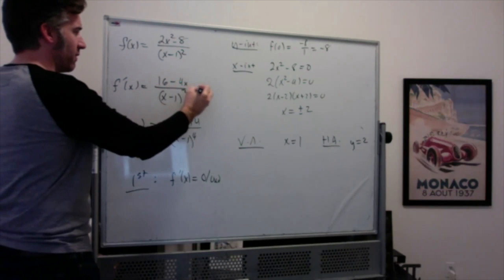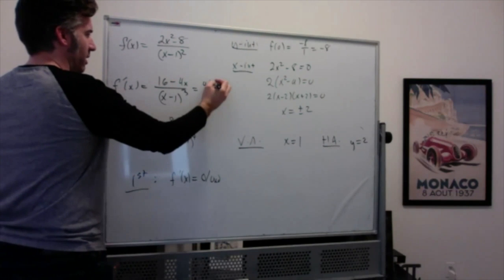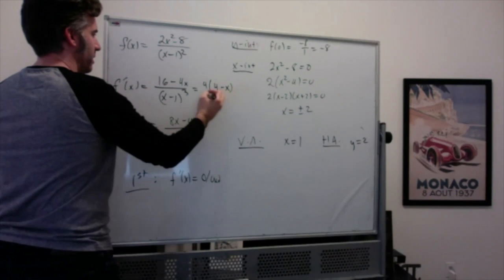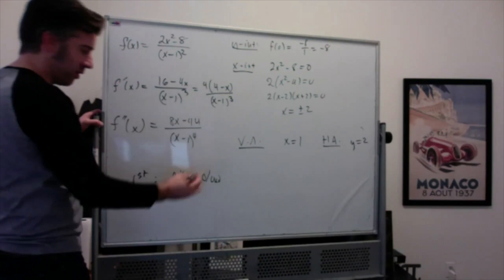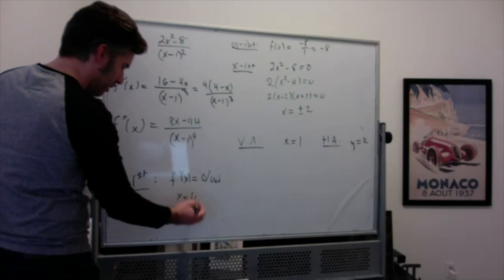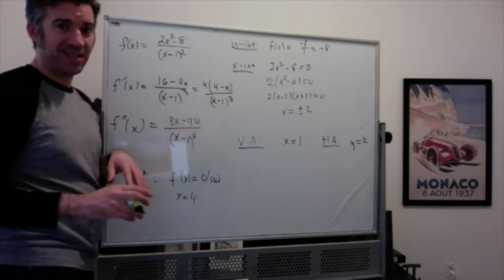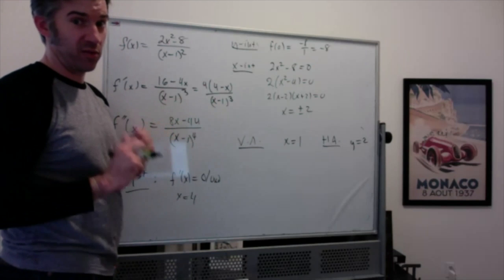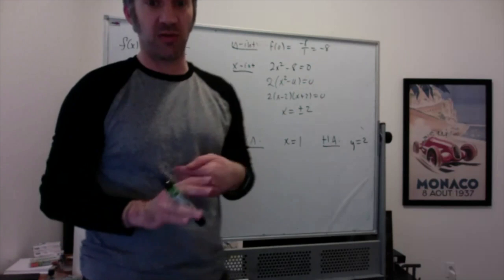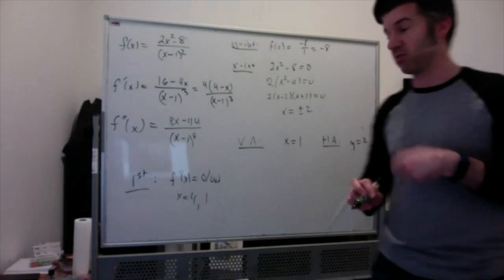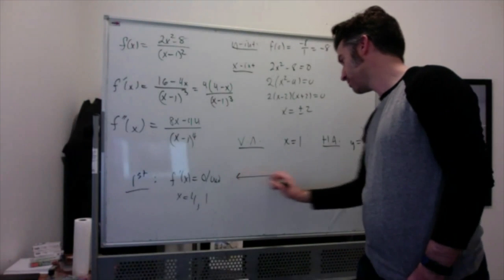You could totally factor out a 4 from the top and write it as 4 times 4 minus x over x minus 1 cubed. You see that, yeah, x equals 4 is a critical value. And x equals 1, although not technically a real critical value because we have a vertical asymptote there, it is still a place where the sign of the first derivative can change, so we definitely should include it.